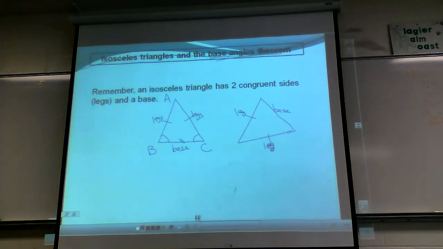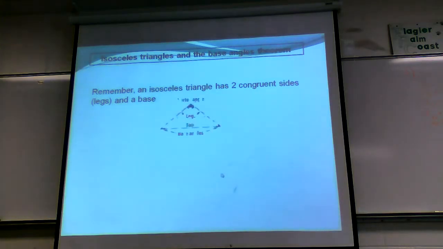And I just marked off what the property is anyway. So B and C are base angles. The other one is called the vertex angle, but it's probably not going to be referenced by that a lot. Most of the stuff is going to revolve around you identifying base angles and moving on.